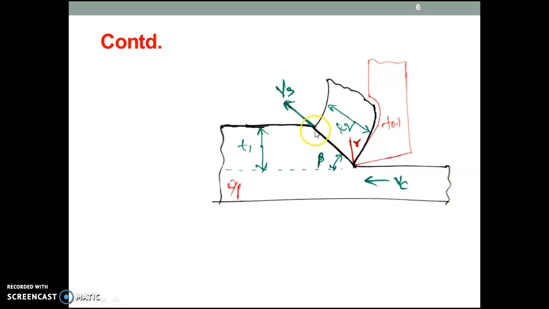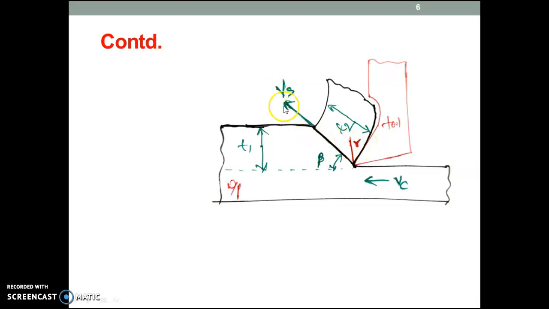If you see here, the shear plane makes an angle with the cutting velocity vector. That angle is beta. So beta is called the shear angle, which is the angle between the shear plane and the cutting velocity vector. And gamma is the back rake angle, gamma B. Here it is a positive back rake angle.